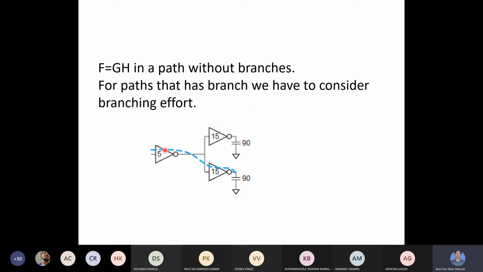But if there is some branch, like here is one branch, and this one is the other branch, then F equal to GH cannot be used. F equal to GH holds if there is no branch. But for paths that have some branch, we have to consider the branching effort also. So as here in this case, we have to consider branching effort.